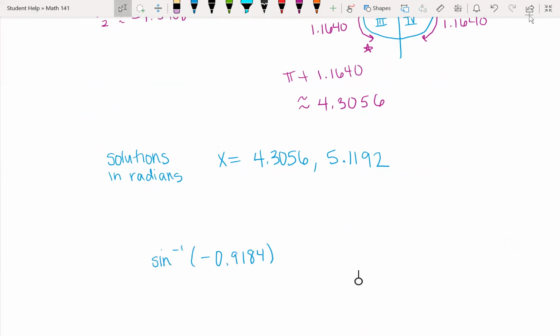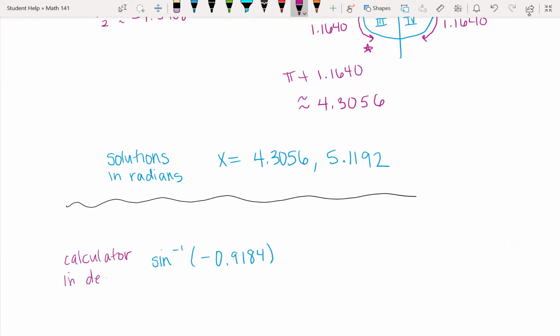Okay, so let's redo this in degrees. Let's use a calculator in degrees. If we plug this in degree mode, we're going to get negative 66.69 degrees.